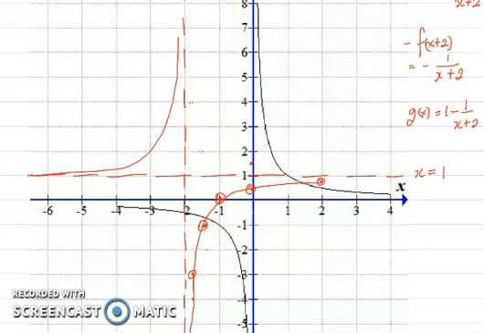All right, obviously, we could go through different points to show that that is the case, but that is something that you could do in your own time. And so the graph g of x is equal to 1 minus 1 over x plus 2 is obtained from the graph of 1 over x by moving 2 units to the left, reflecting in the x-axis, and then moving 1 unit vertically.